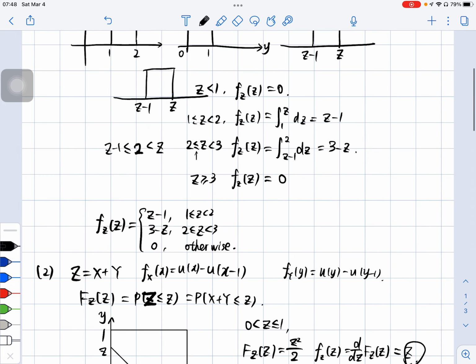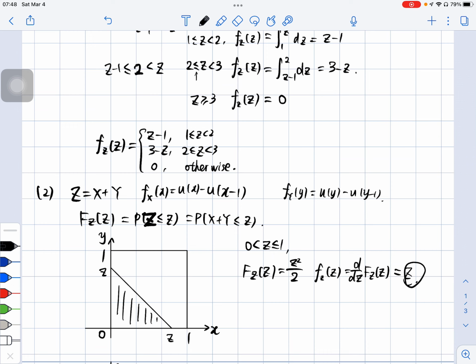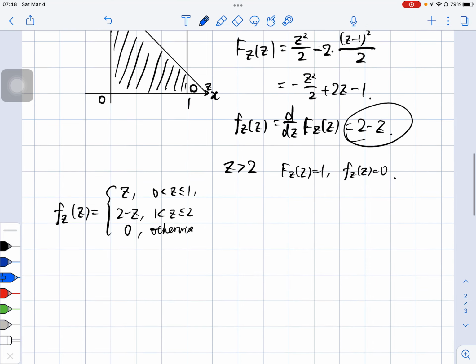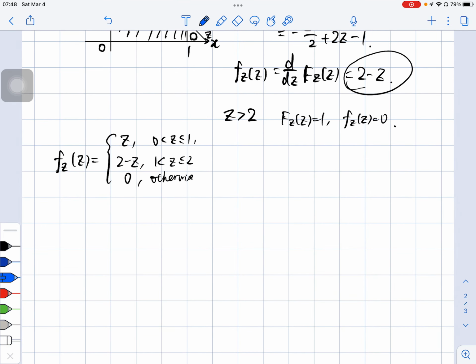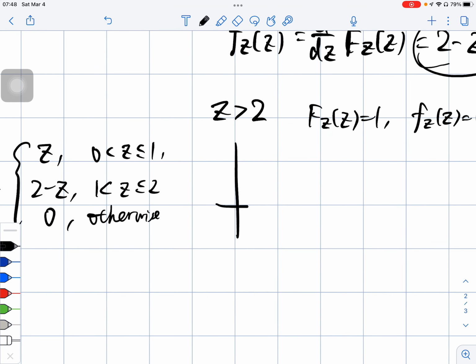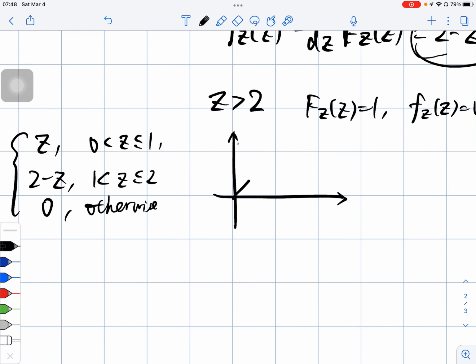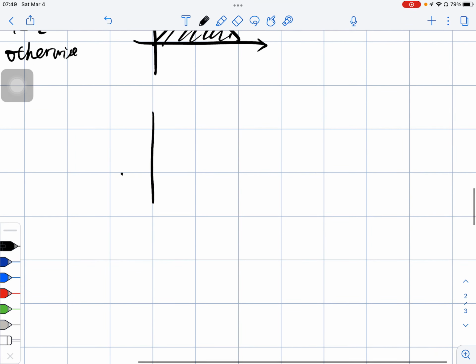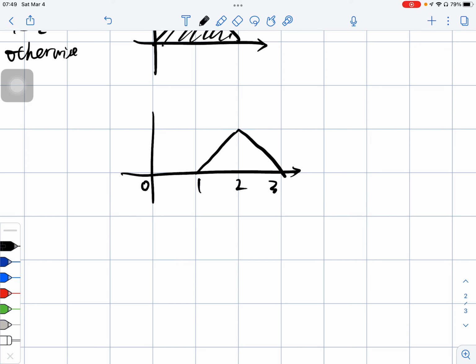However, we have to remember that we use this in the beginning, and we have to shift all the function to the right for one unit. This function is something like this. And then now we have to get something like this: 0, 1, 2, 3, this is 1.